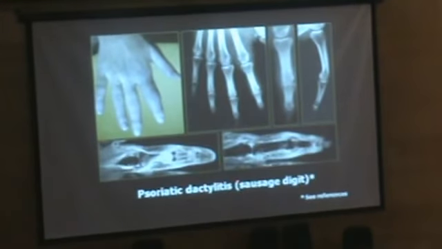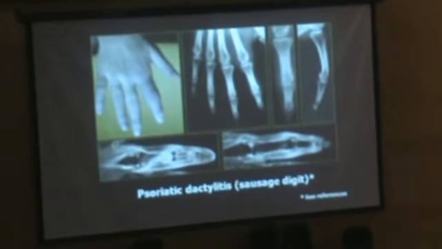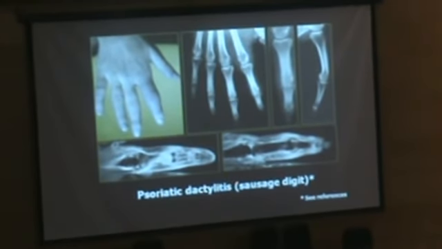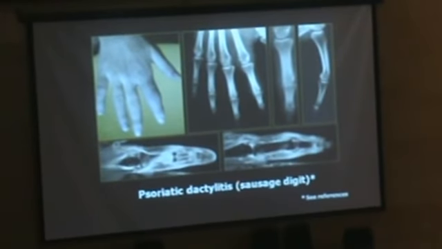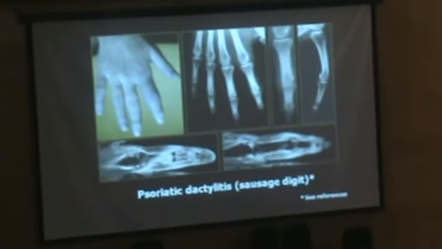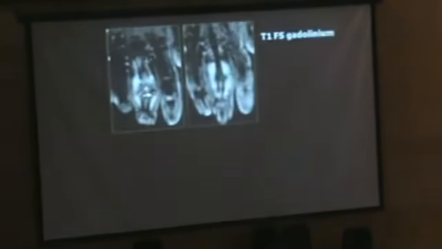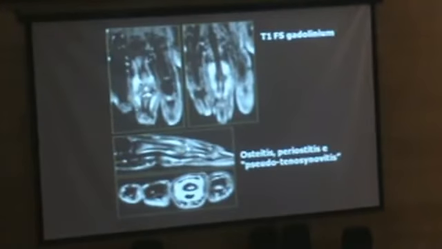But when we see the MRI of the same case, this is a case extracted from the literature, we see a very important dactylitis. So this is inflammation in the deep and superficial soft tissues, and we see some features of arthritis as well in the interphalangeal joints. So this is a typical case of psoriatic dactylitis, which is the sausage digit.